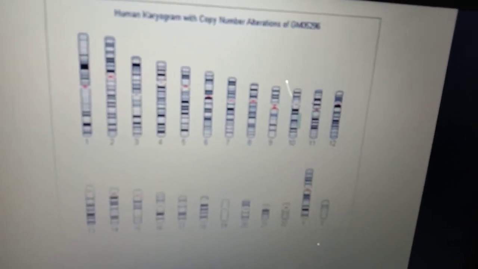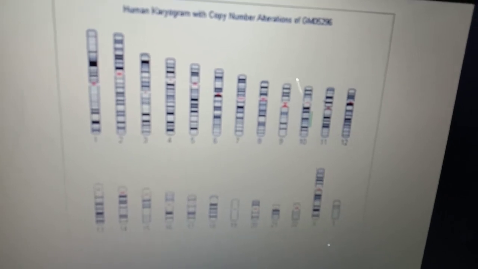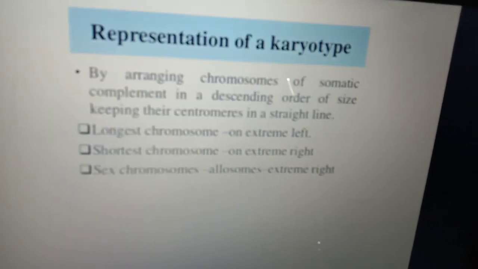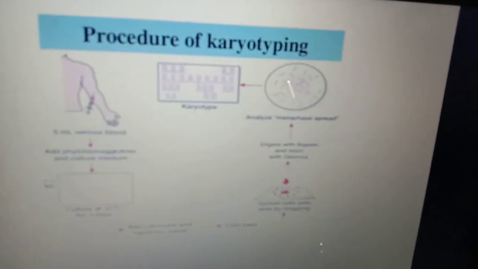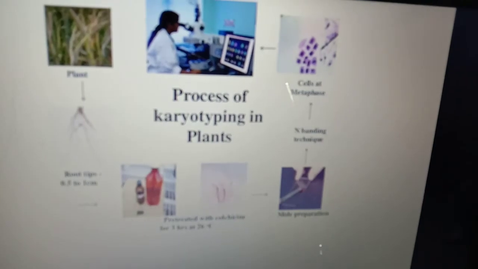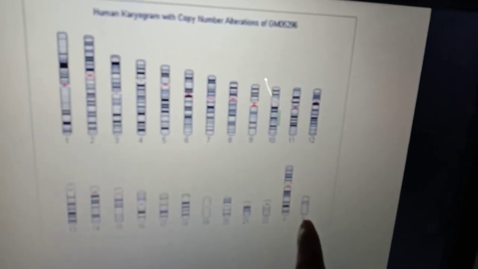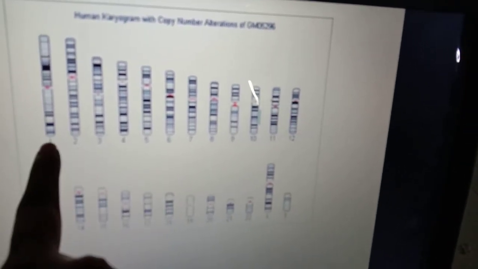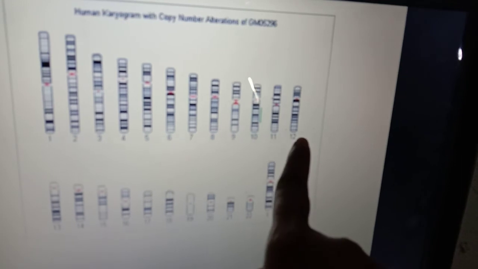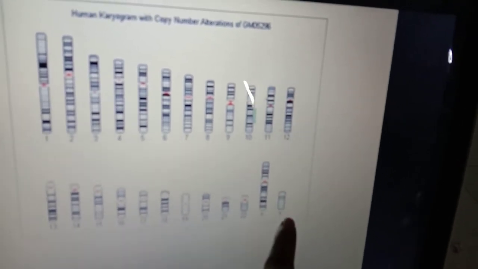You can see clearly in this diagram the shortest chromosome on the right, and the allosomes, meaning the sex chromosomes, at the extreme right. And this is the XY, the sex chromosomes.